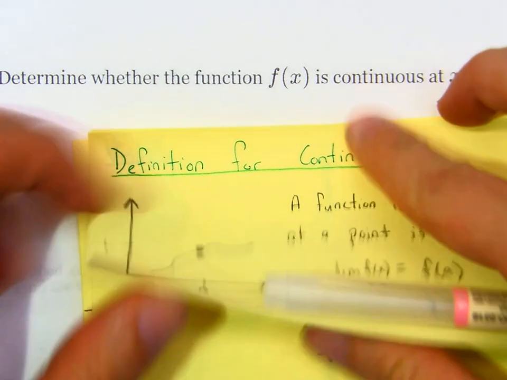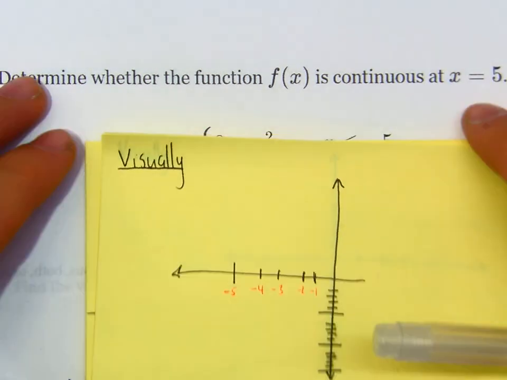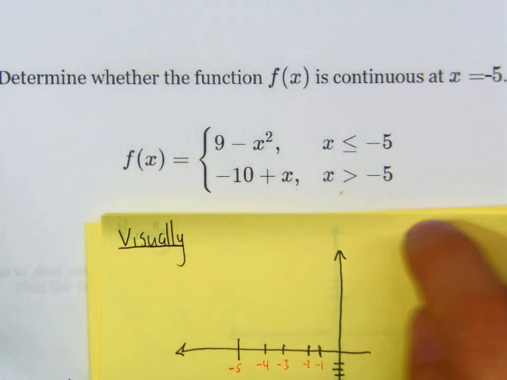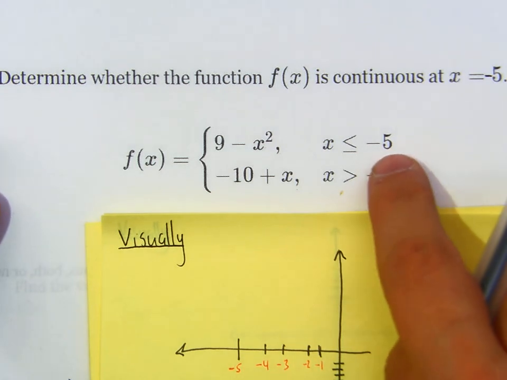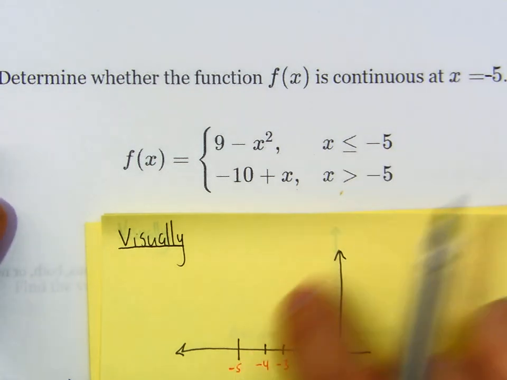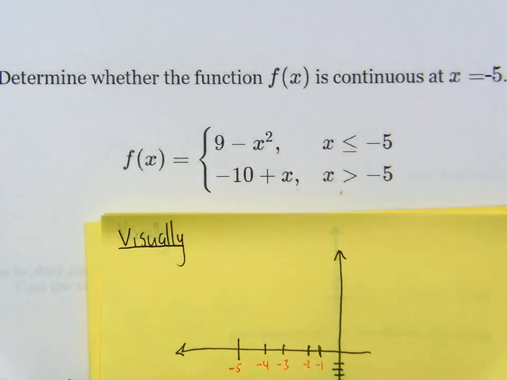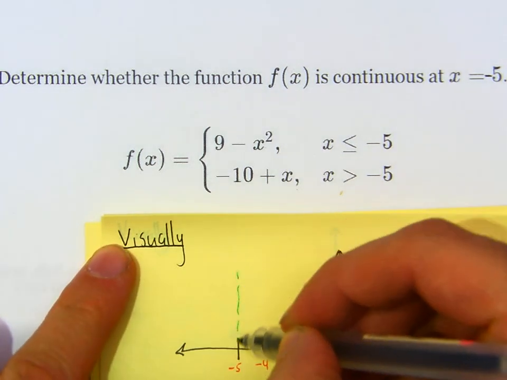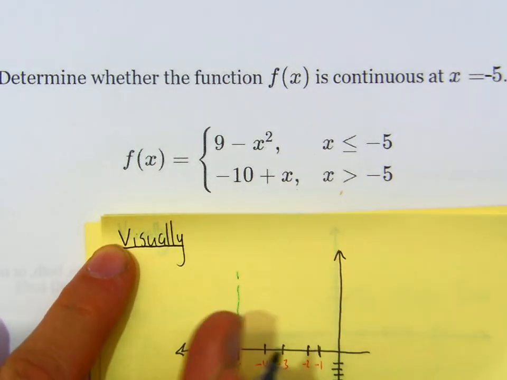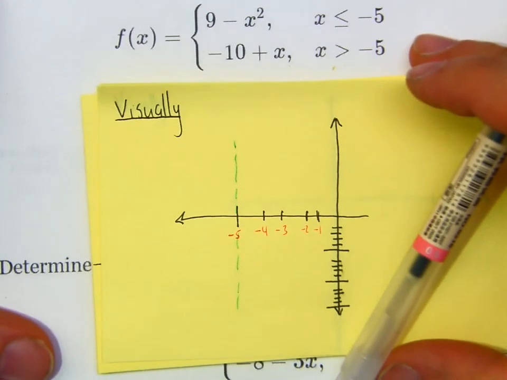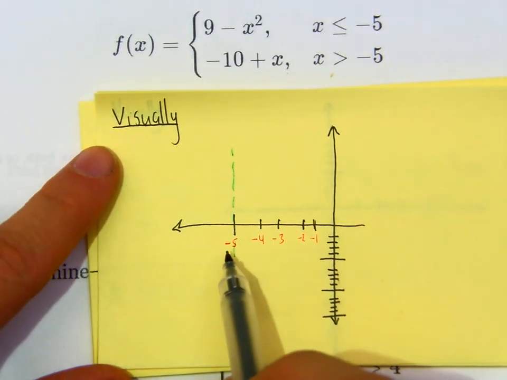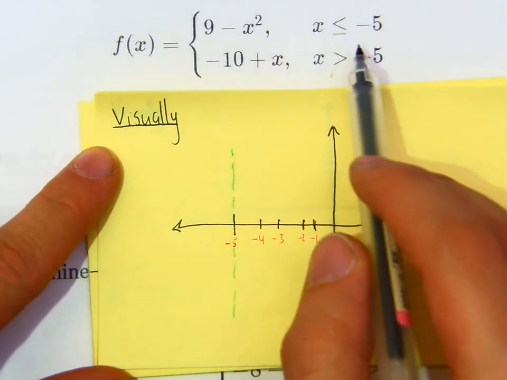So visually, what is going on over here? Notice that at x equals, oh, this is a typo. This should say -5, I'm sorry. Is this function continuous at -5? What is happening left of -5? Which function is being used?